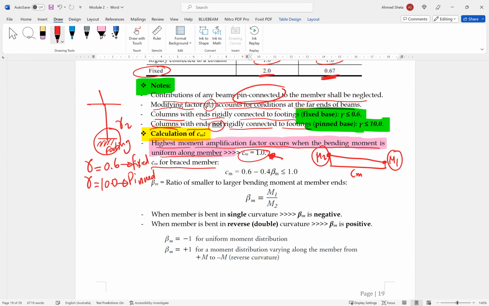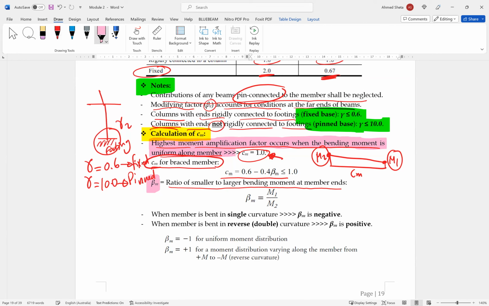Cm for a braced member equals 0.6 minus 0.4 beta m, less than or equal to 1, where beta m is the ratio of the smaller bending moment to the larger at the member ends.